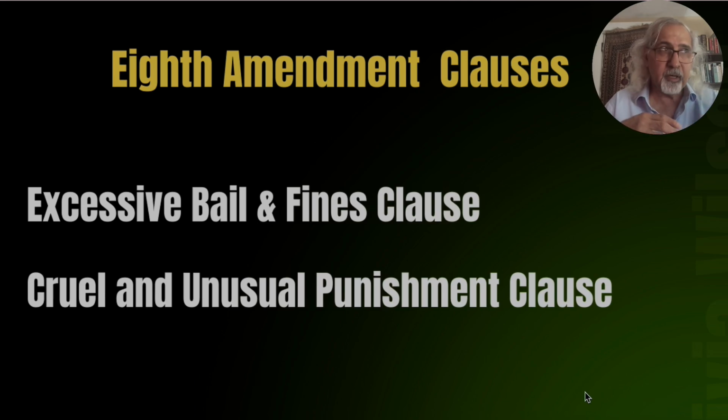But other than that, you cannot hold people in cruel conditions. So any trial or case related to mistreatment of prisoners or terrible conditions in a jail will probably be tried under the Eighth Amendment, cruel and unusual punishment clause.